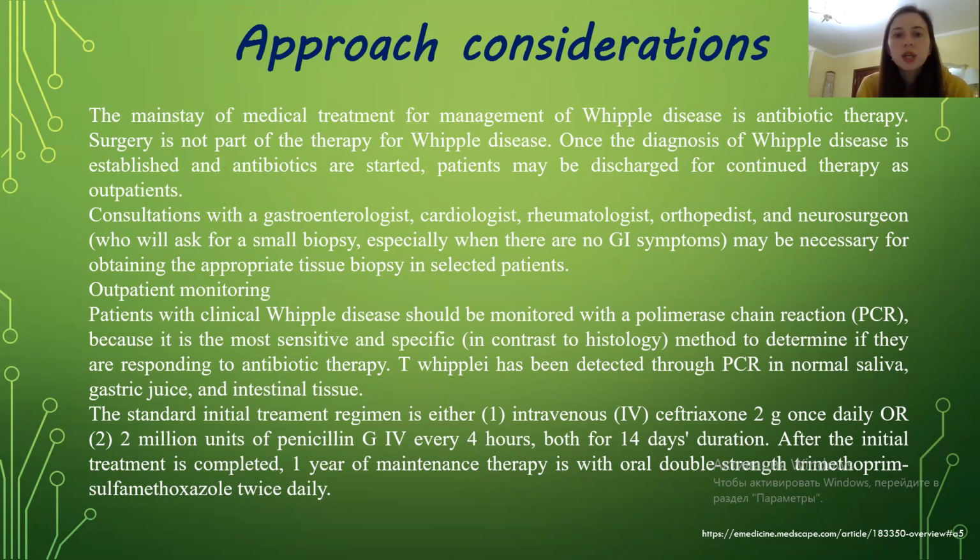The standard initial treatment regimen is either intravenous ceftriaxone 2 grams once daily, or penicillin G 2 million units every 4 hours, both for 15 days. After the initial treatment is completed, 1 year of maintenance therapy is given with oral double-strength trimethoprim-sulfamethoxazole twice daily.